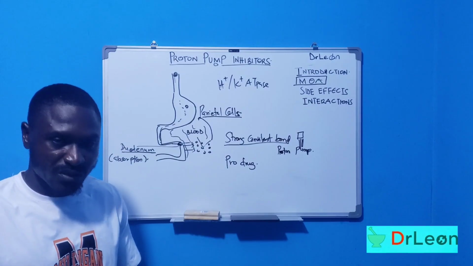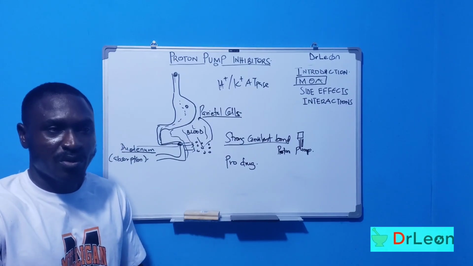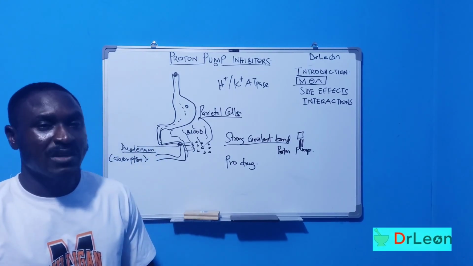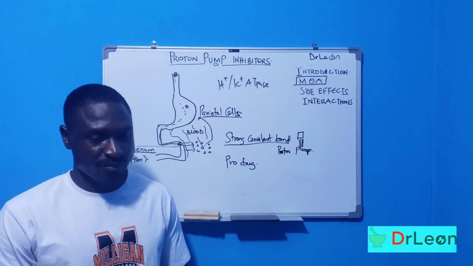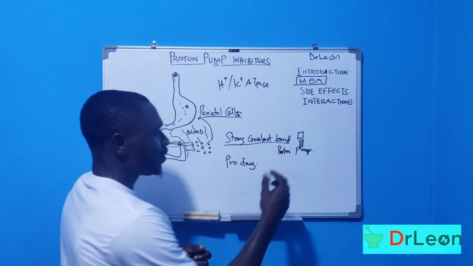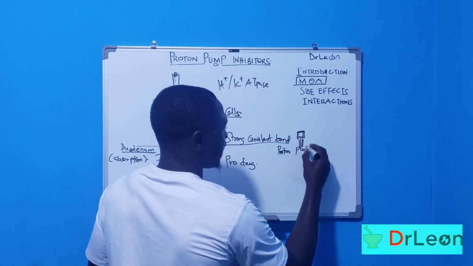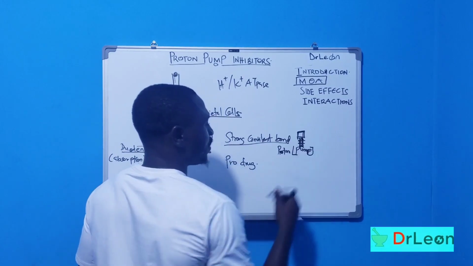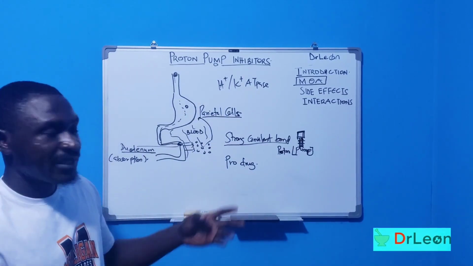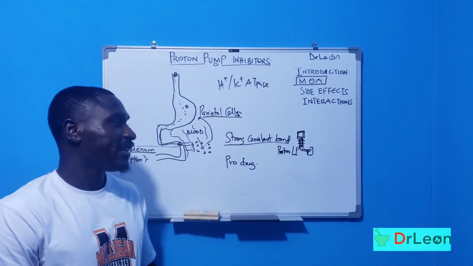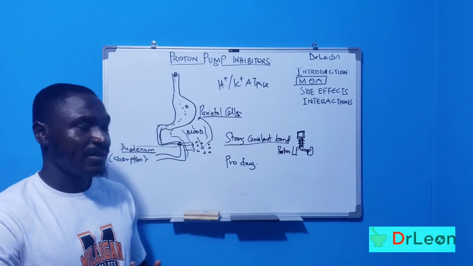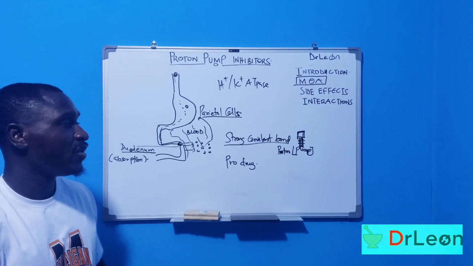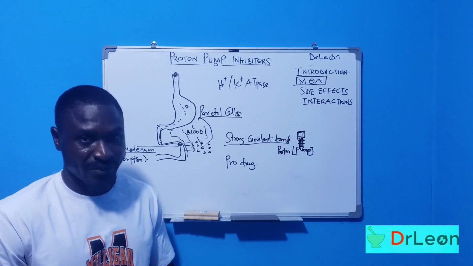They bond strongly with the proton pump such that the proton pump cannot pump H plus or acid anymore. So if this is the drug and this is the pump, they form a strong covalent bond with the pump, preventing it from producing more of the H plus ion.